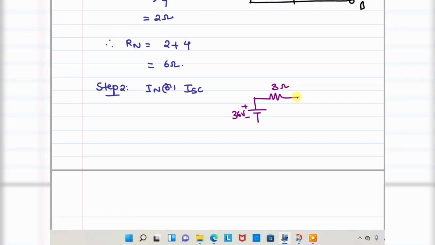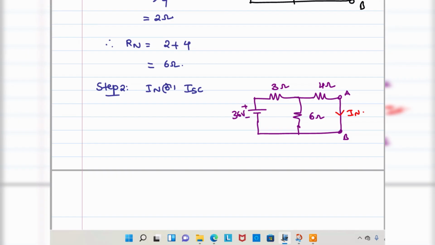There is a 3 ohm, 6 ohm, 4 ohm, and a short circuit across these two terminals. This current is IN short, that is the Norton's current.